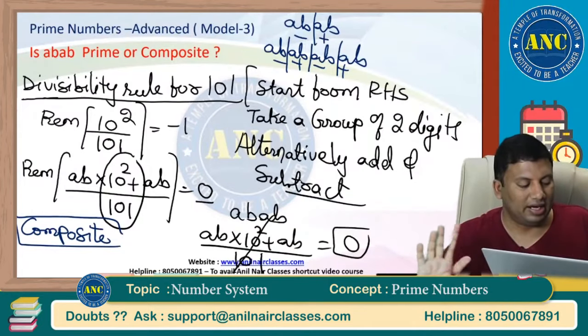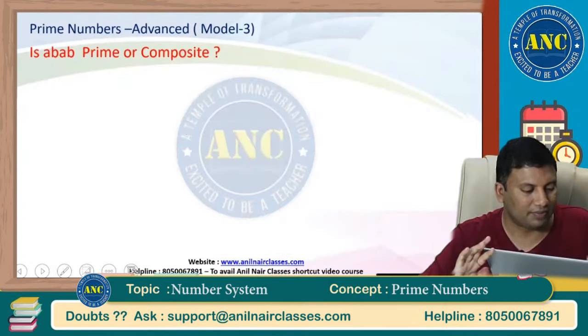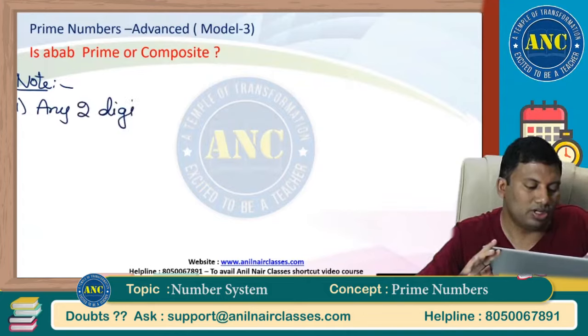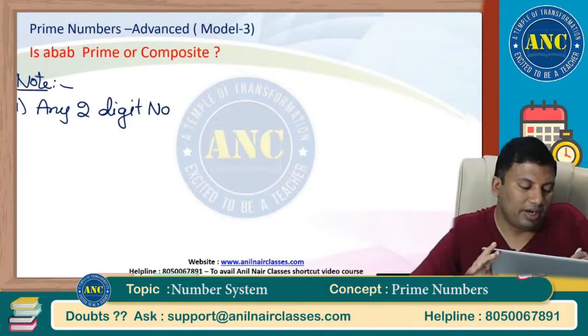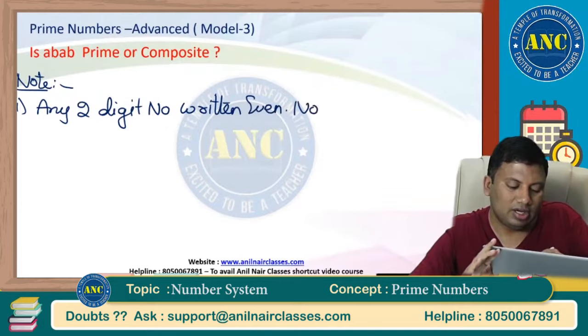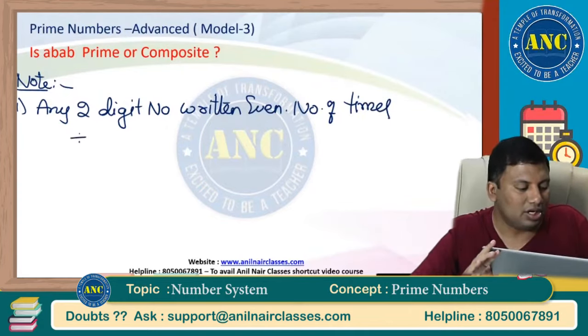I hope the idea is clear. We will write that point. Note 2 important key points. Any 2-digit number written even number of times is always divisible by 101.